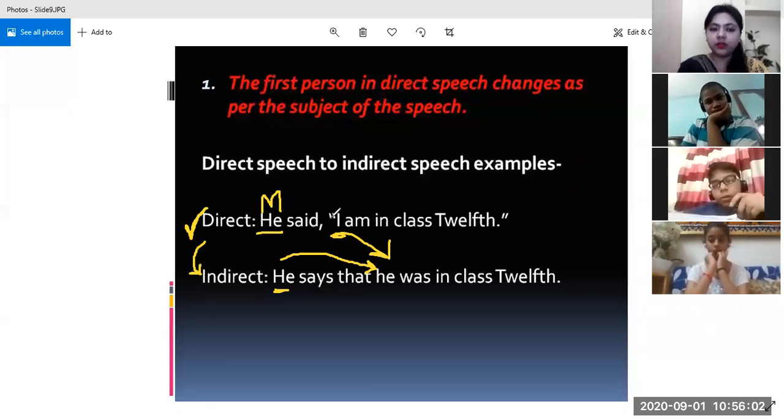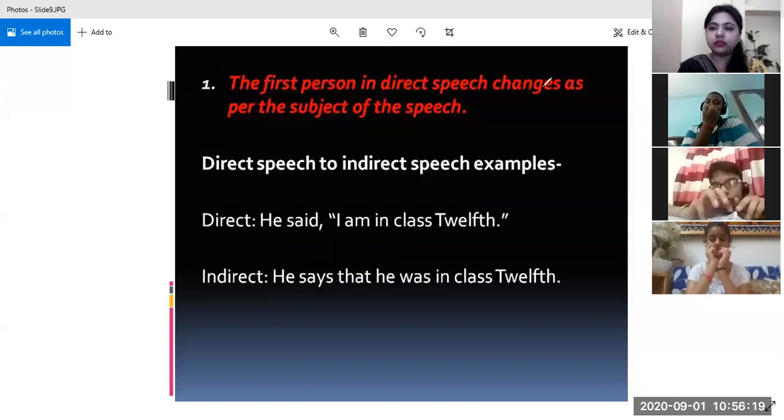When we are not quoting the exact words of the speaker, then in place of I, he will come, because he is telling about himself. So he will come over here also. Now let us move ahead. I think this is clear to you all.